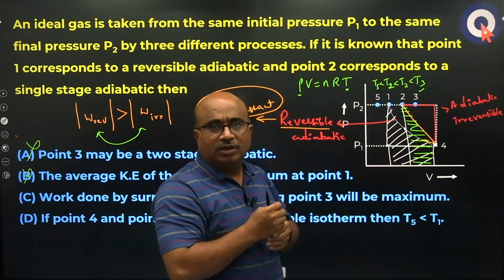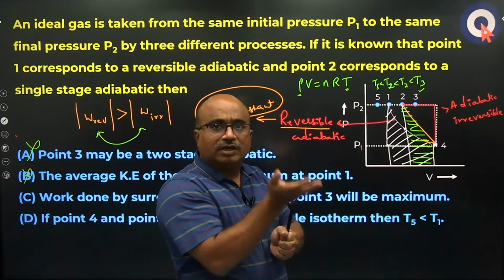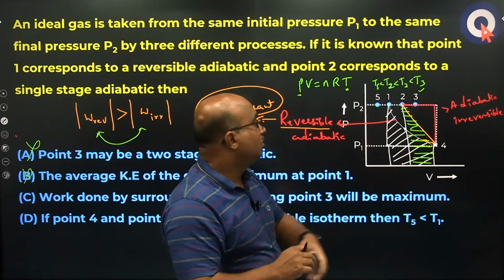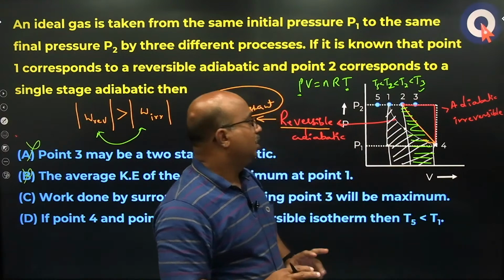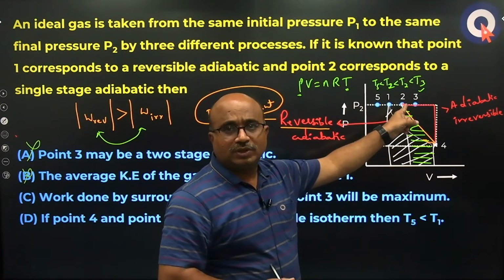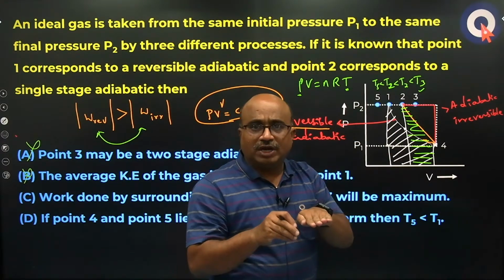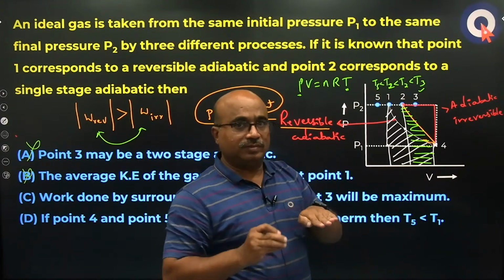That means the work done should only increase the temperature. But here what you see is the internal energy of the system is more than the internal energy here. Means your total work is not only consumed for increasing the temperature.